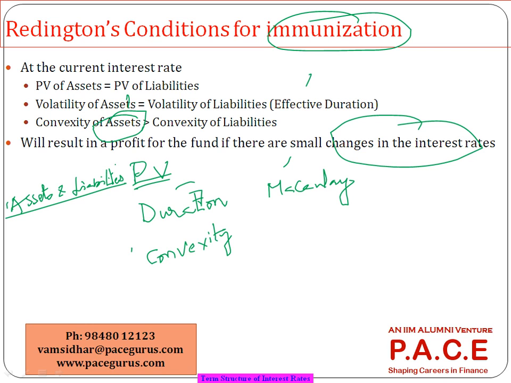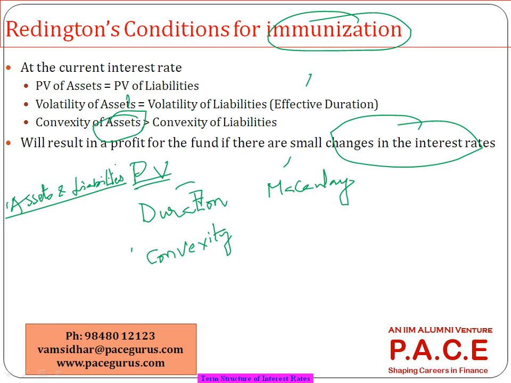So, on any kind of securities or portfolios or funds, we will be computing all these three aspects: the present value in terms of price, to check if both of them are equal for assets as well as liabilities. We also will check the volatility more in the form of duration or Macaulay duration.